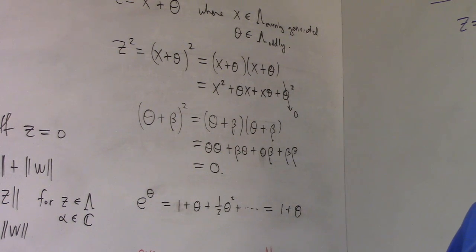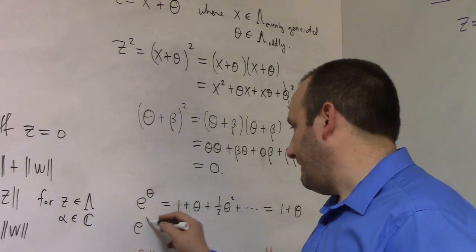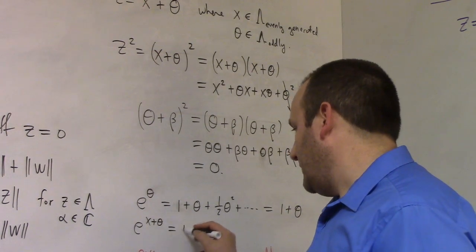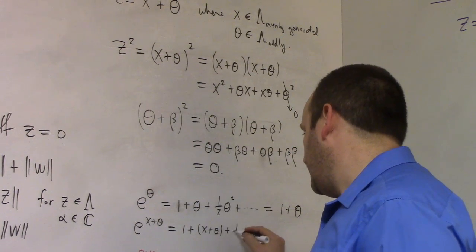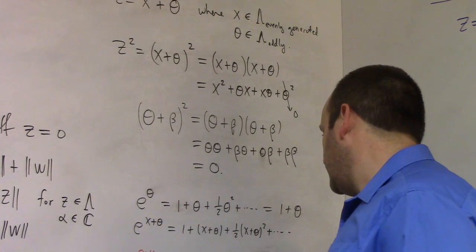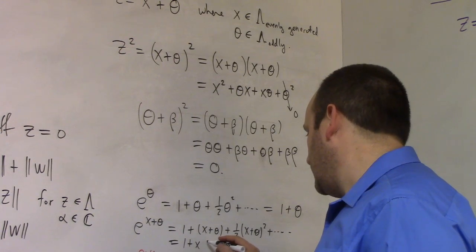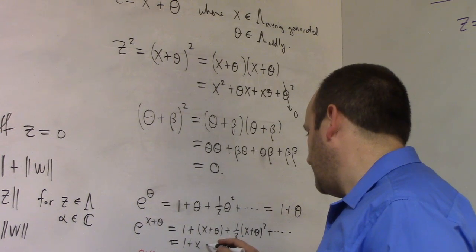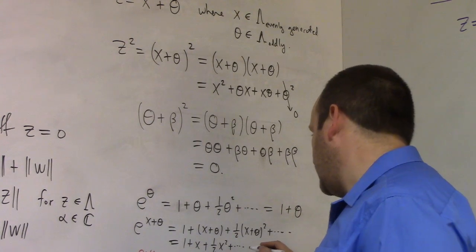E to the x would be what it usually is. If you do e to the x plus theta, that would be 1 plus x plus theta, plus 1/2 x plus theta squared plus dot dot dot, which is 1 plus x plus 1/2 x squared plus dot dot dot, then plus what?